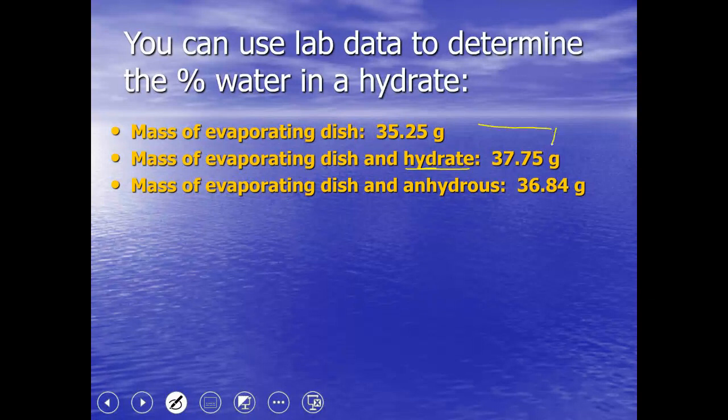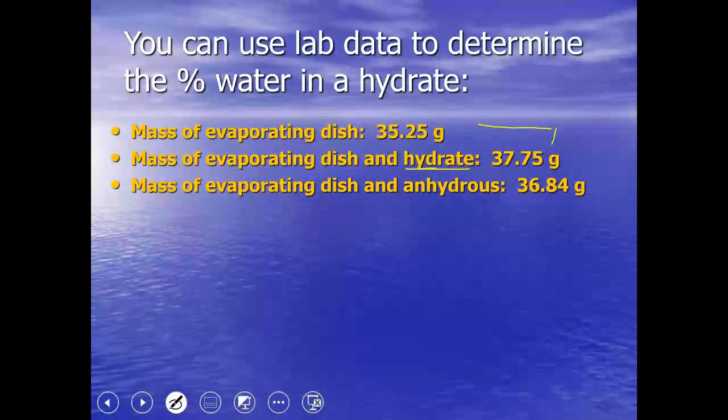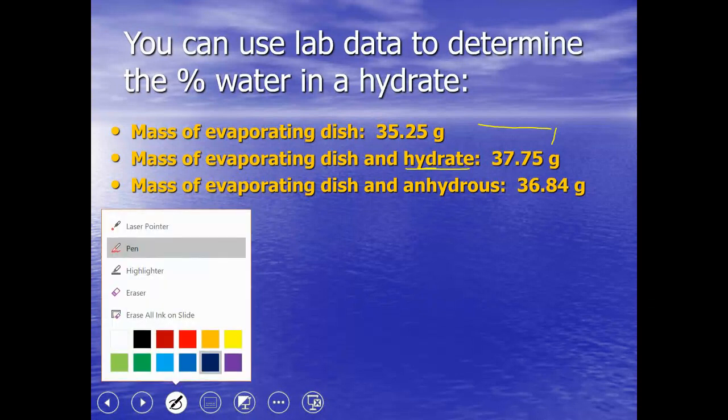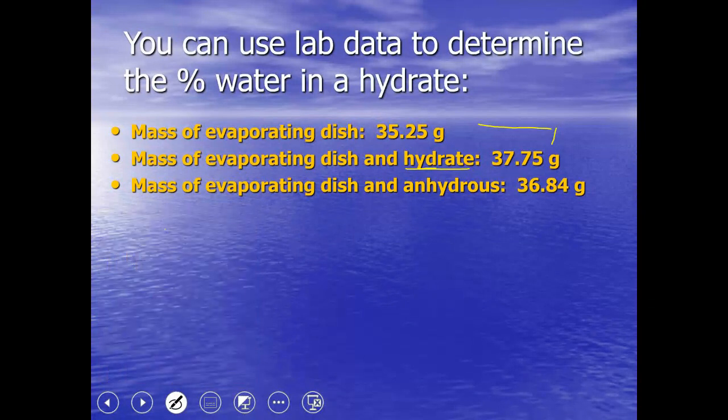Now, if you take the difference between these, let's take the difference between those. 37.75 grams. That's the dish and hydrate.